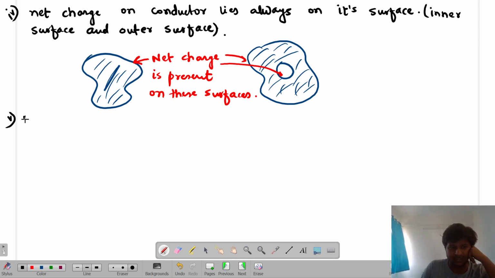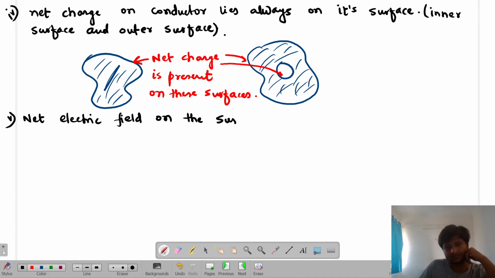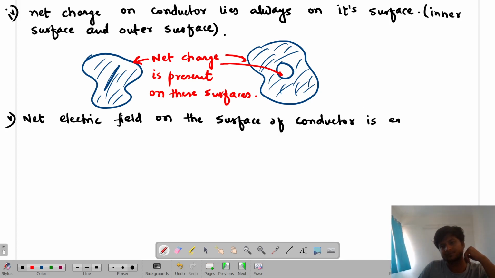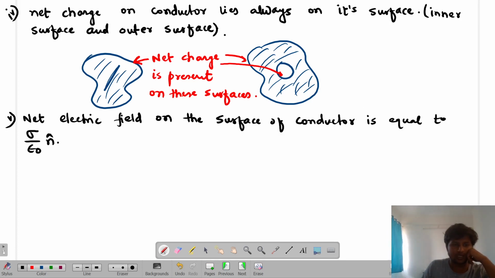You see that the net electric field on the surface of the conductor is always equal to sigma by epsilon naught n cap.